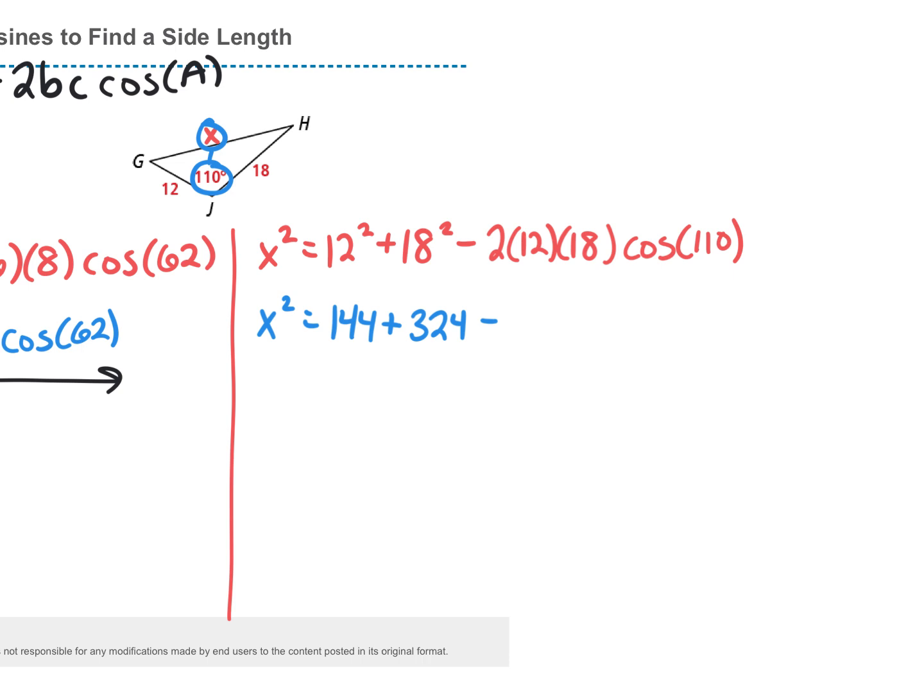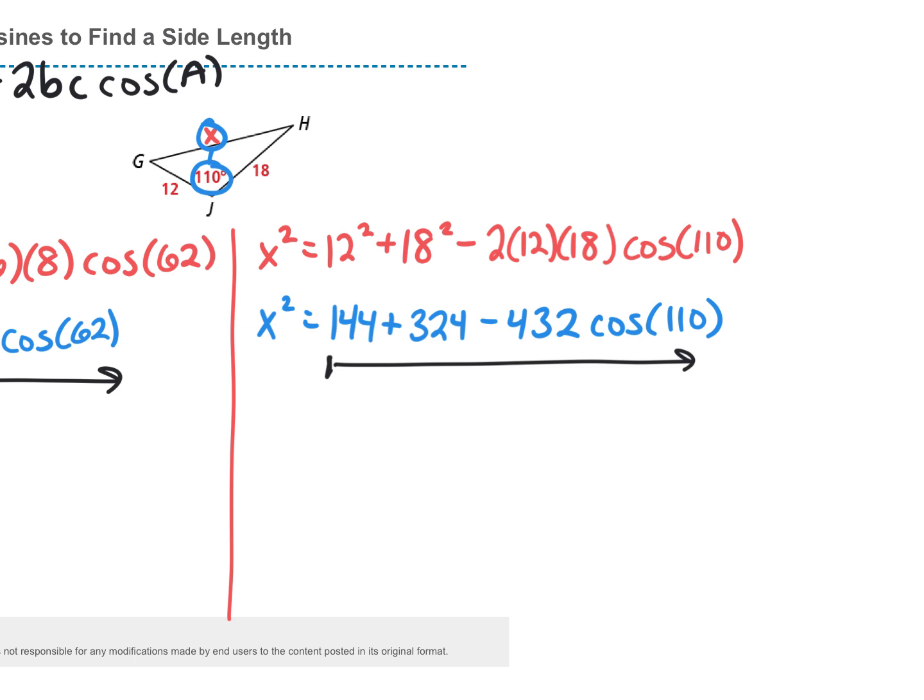What do you get when you multiply those three terms together? 432. Cosine of 110. What do you do once you get to this point? Calculator, left to right. So all together, we take 144 plus 324 minus 432 times cosine of 110.